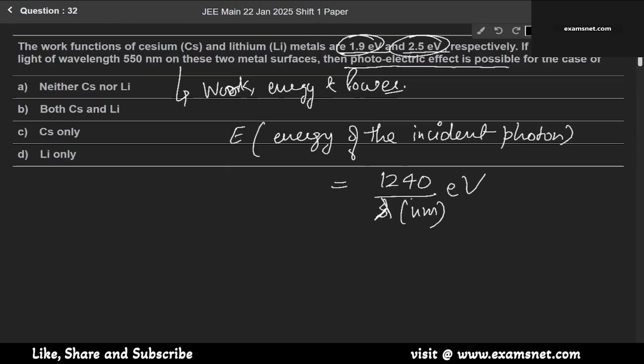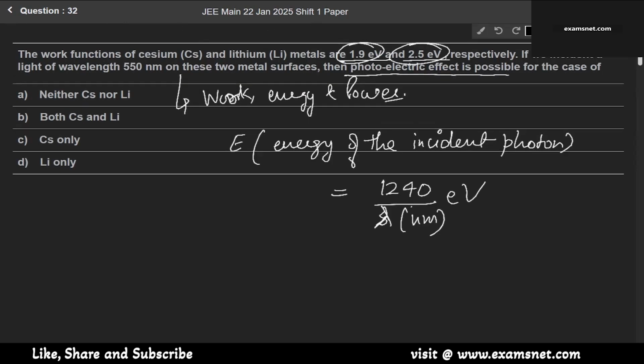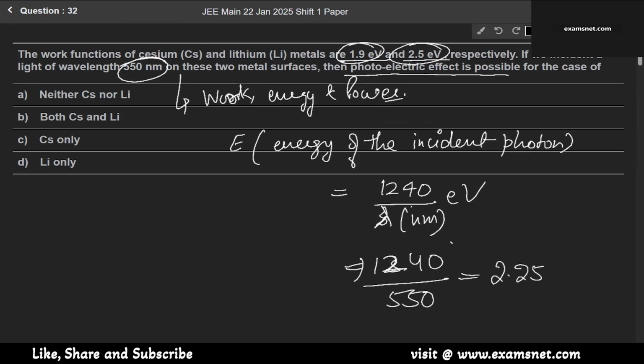According to the question, the wavelength is given as 550 nanometer, so it will be 1240 over 550 nanometer, which equals 2.25 electron volt. So the energy will be 2.25 electron volt.